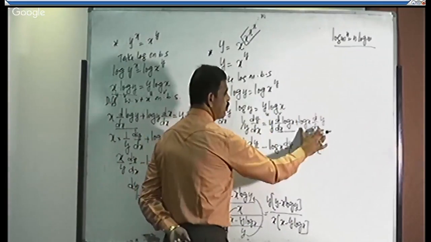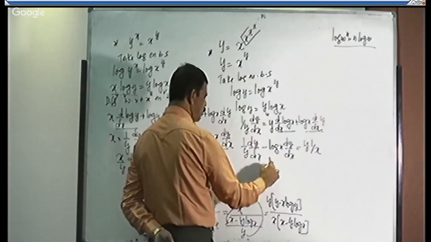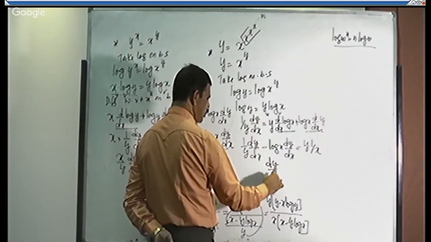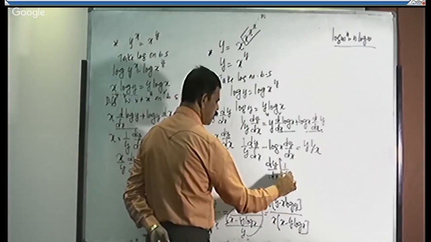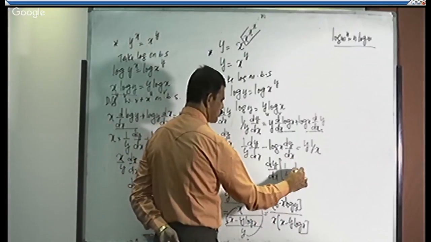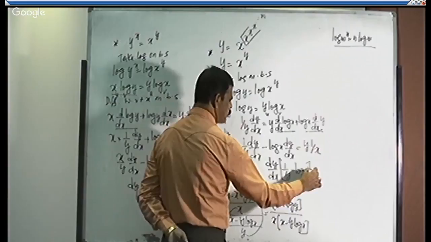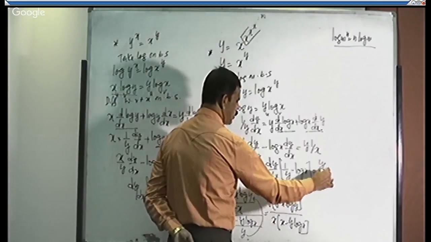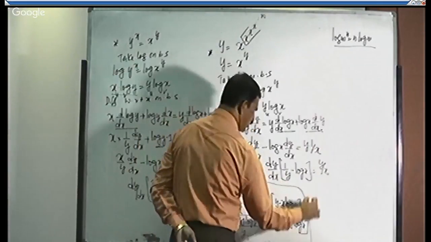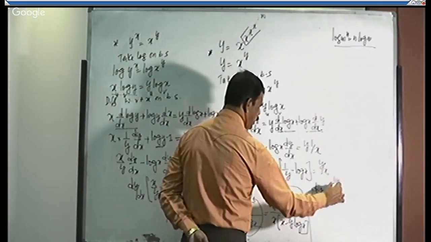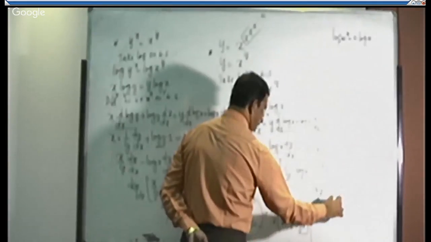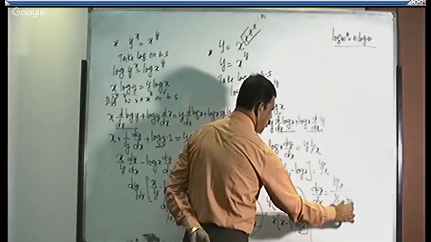Because of the dy by dx term. Now take dy by dx common on the left side. What is remaining? 1 by y minus log x is equal to y divided by x, or dy by dx is equal to y divided by x, all divided by 1 by y minus log x.